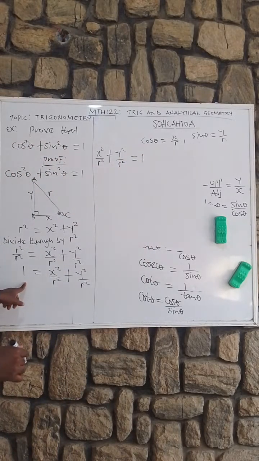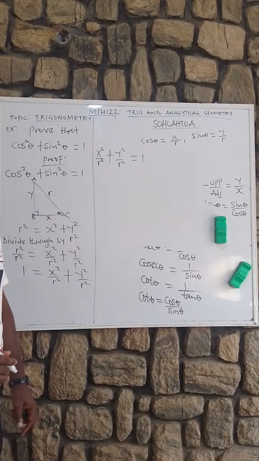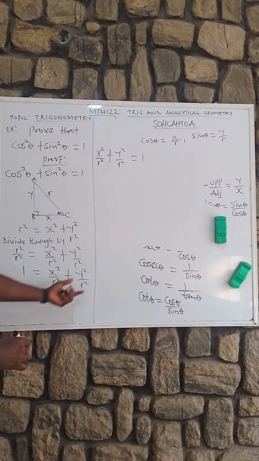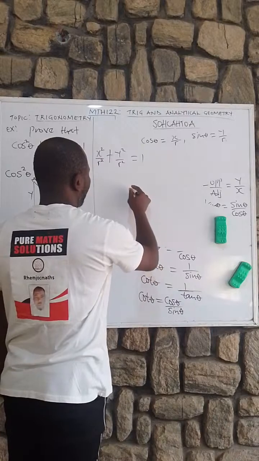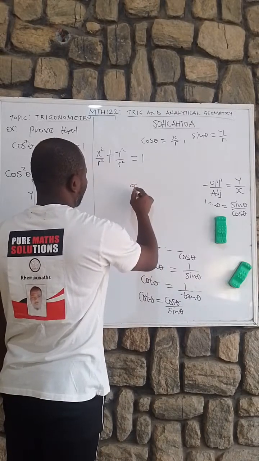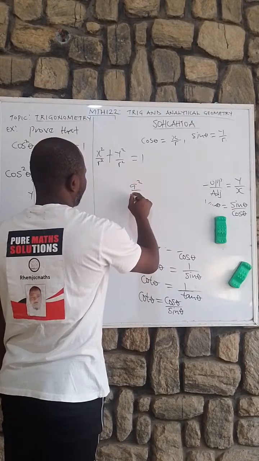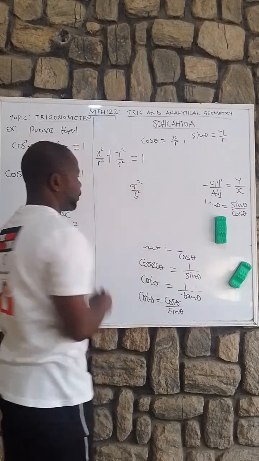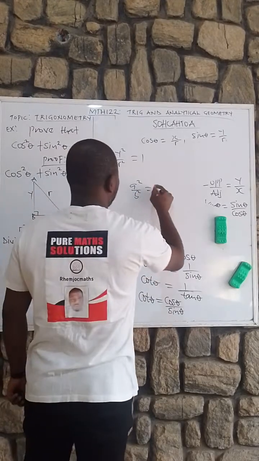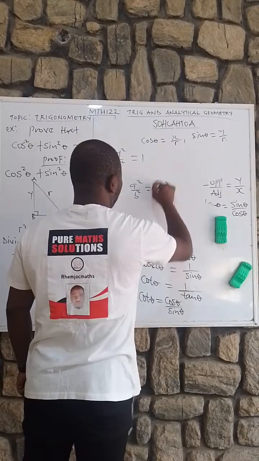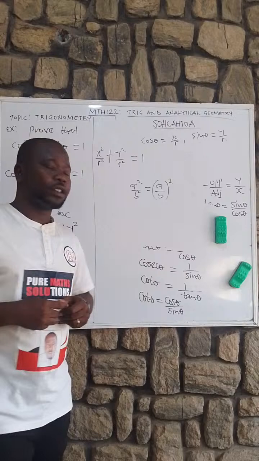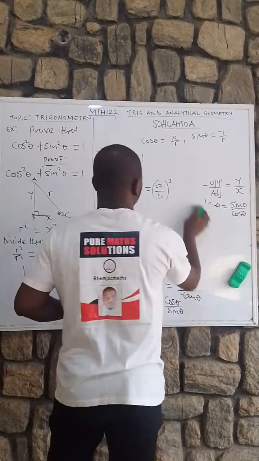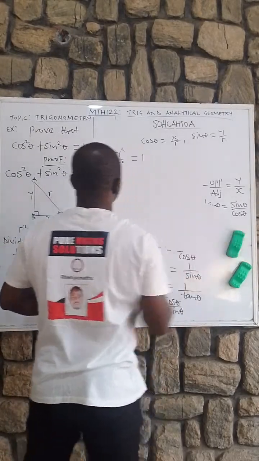This and this, they are the same thing, just that we try to rearrange it orderly. You know very well that if we have a square all over b square, take note, this is the same thing as a all over b, all in bracket square. True or false? It's true, right? Okay. So far, so good.